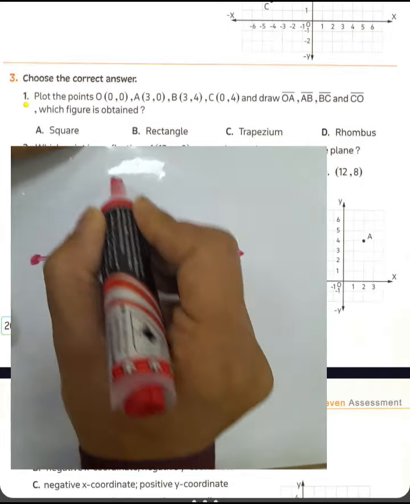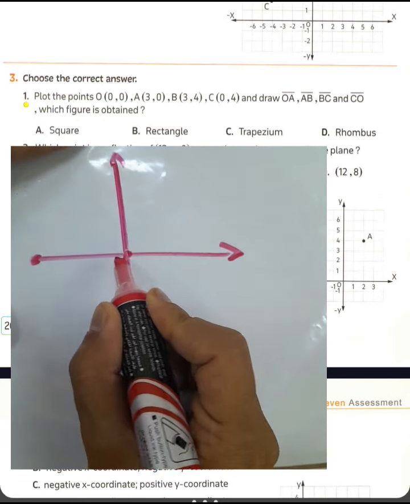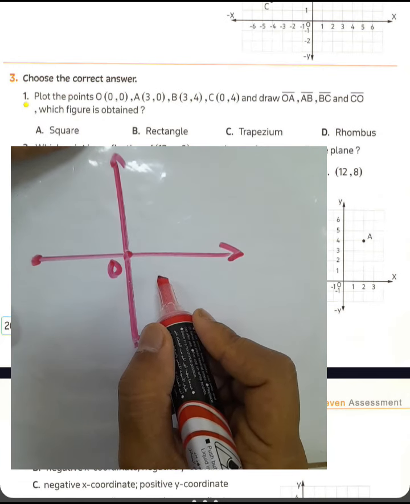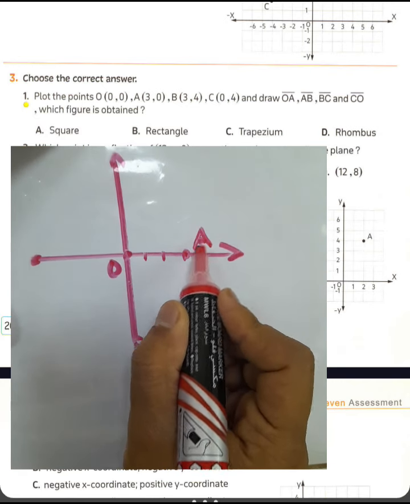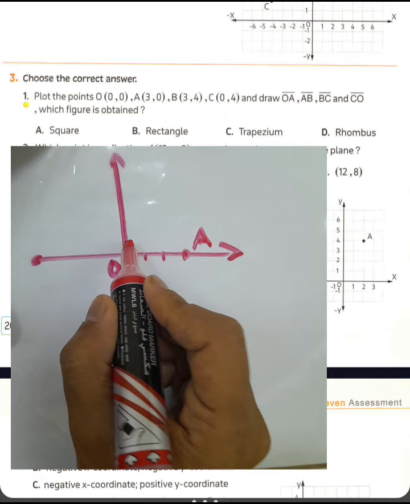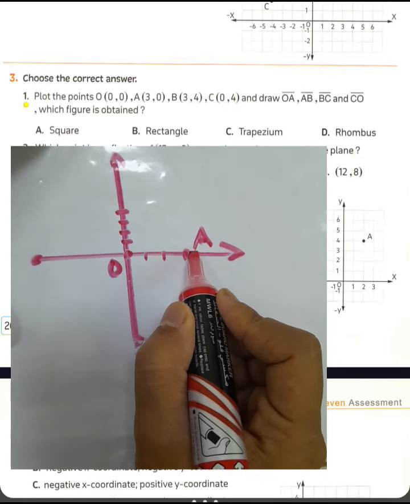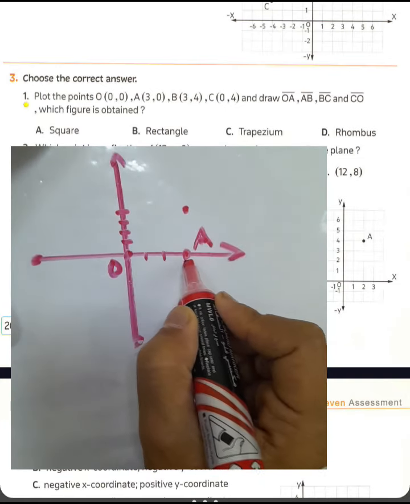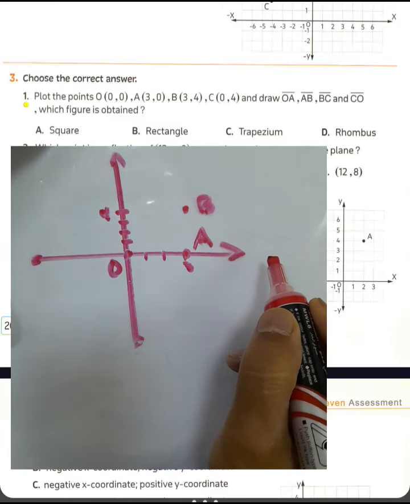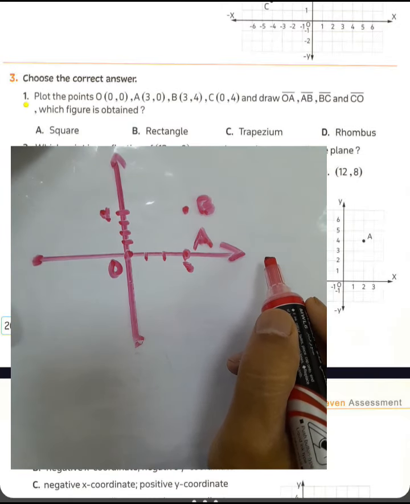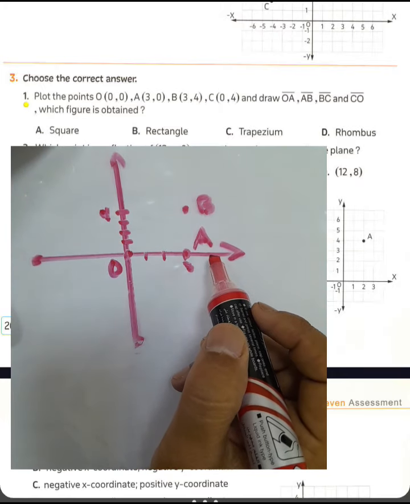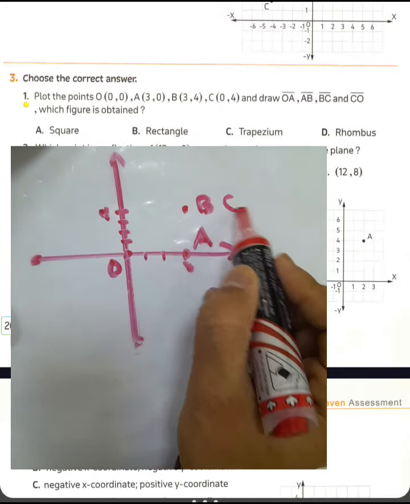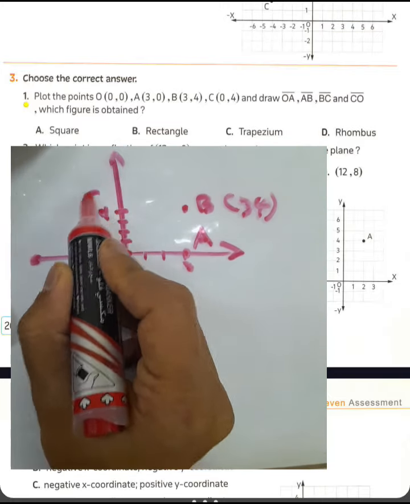I will draw this coordinate again. 0 and 0 here, O, and 3 and 0, 1, 2, 3, 3 and 0 here, it was point A, and point B, 3 and 4, 1, 2, 3, 4, this point here, 3 and 4, it was point B, and C was 0 and 4. Okay, 0 and 4 here.